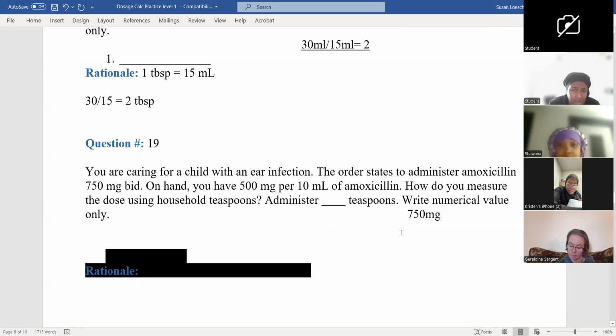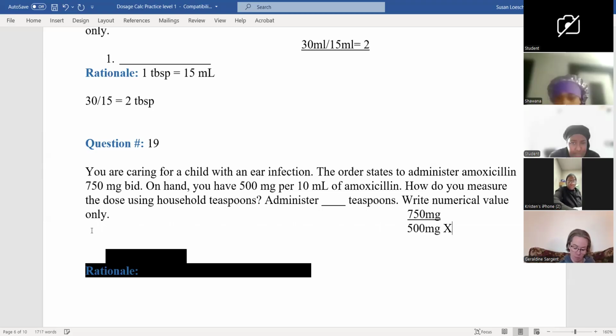And what do you have on hand? 500. It's not just 500, right? Read it right. It's 500 what? Milligrams. 500 milligrams per 10 mLs. That's a very important statement there.